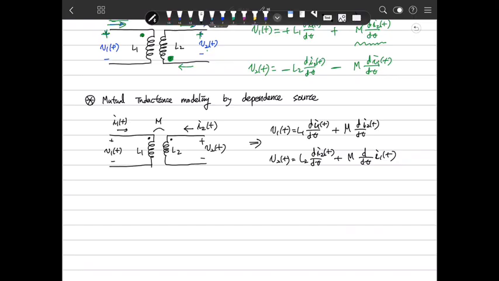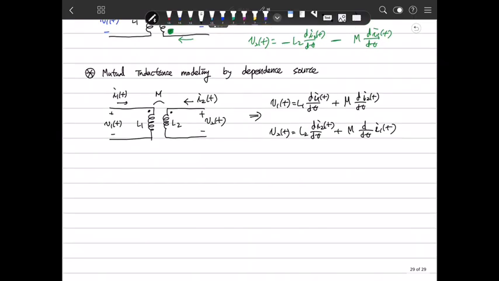So we can make the model with a dependent source. The model means this equation is a representative characteristic of the coupled inductors. Modeling means we represent this relationship with other components simply.